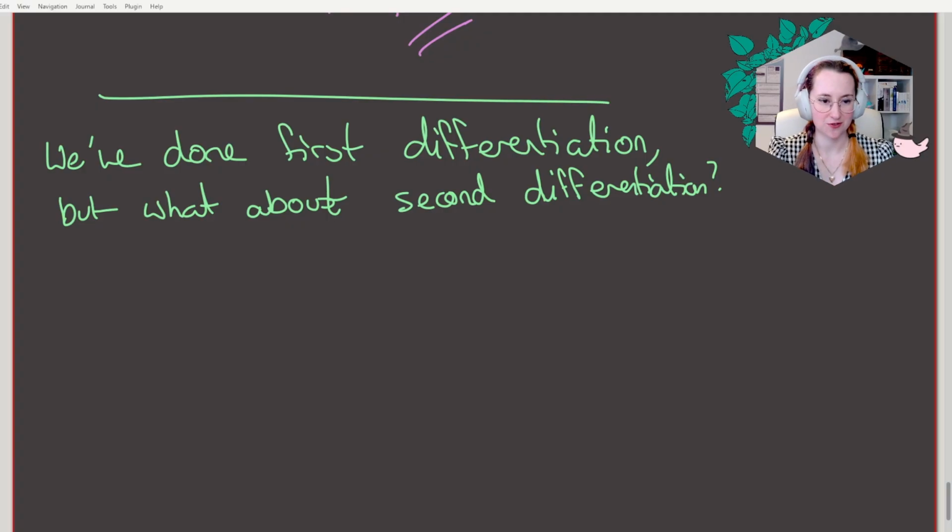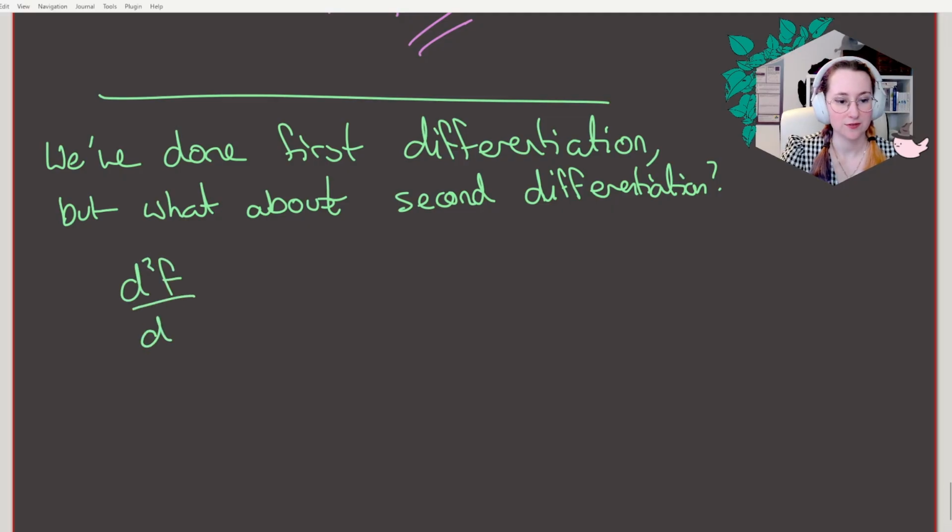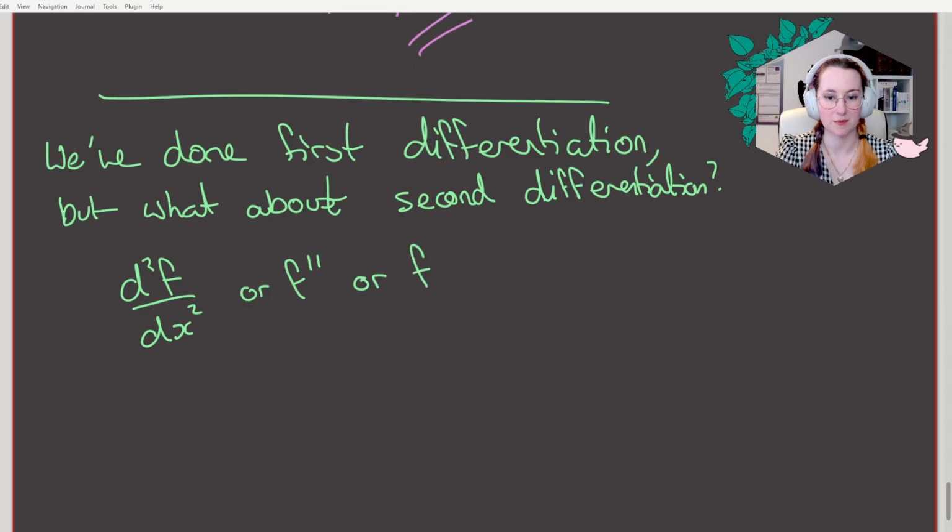Sometimes we have second order differentials. So second order differential equations are the rate of change of the rate of change, as I said. So they are things like d2f dx squared, or f double prime, or f double dot, that's the same thing again, double dot.